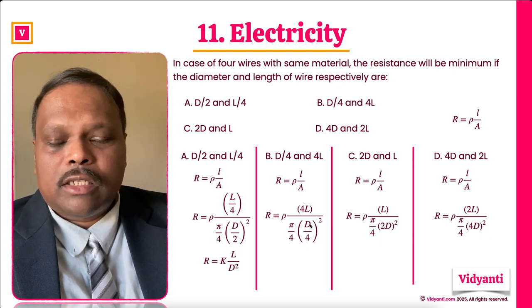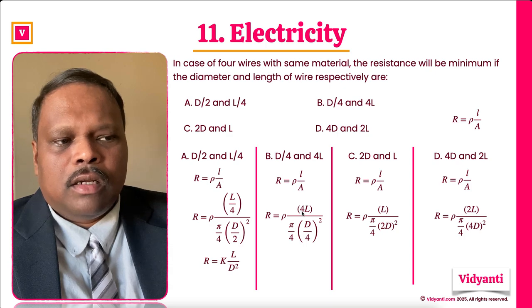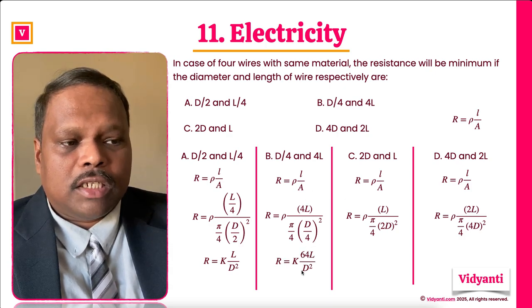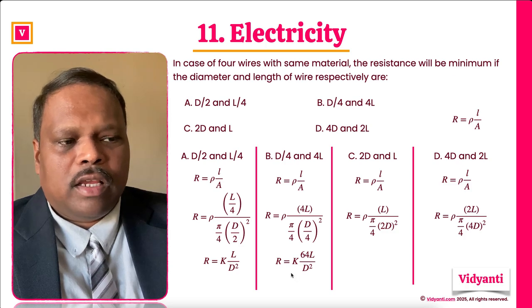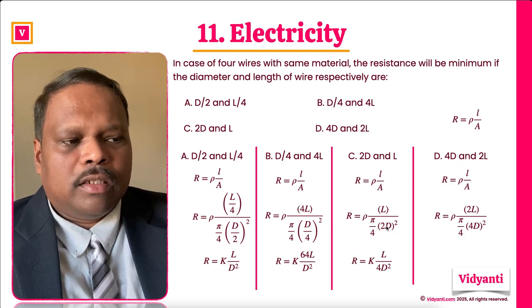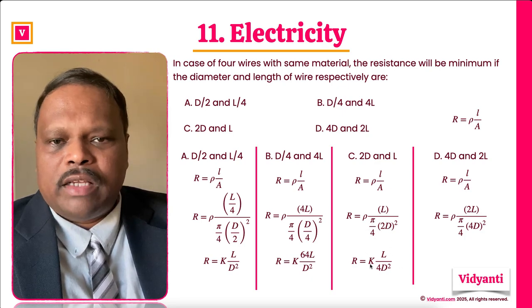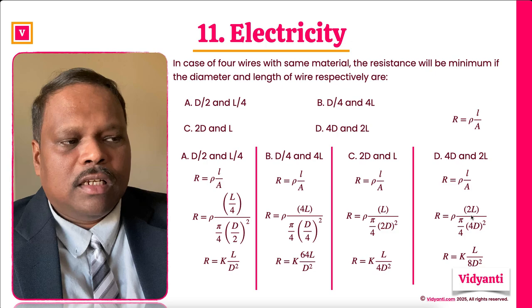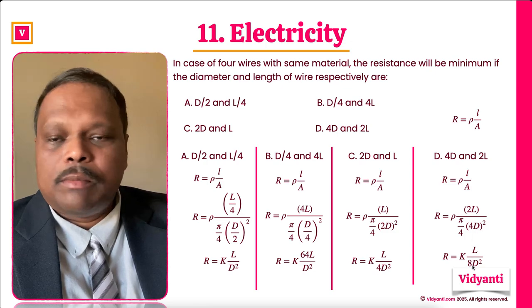Here it will be d square by 16, but that 16 will come in the numerator, so it will become 64 L by d square. K will remain as it is. If you do that for the remaining ones, this will be L divided by 4d square. Remember, this pi by 4 and rho we are combining in one single constant. And let's repeat that for the last scenario. 4d square will be 16d square, and 2L divided by 16 simplifies to 1 upon 8.